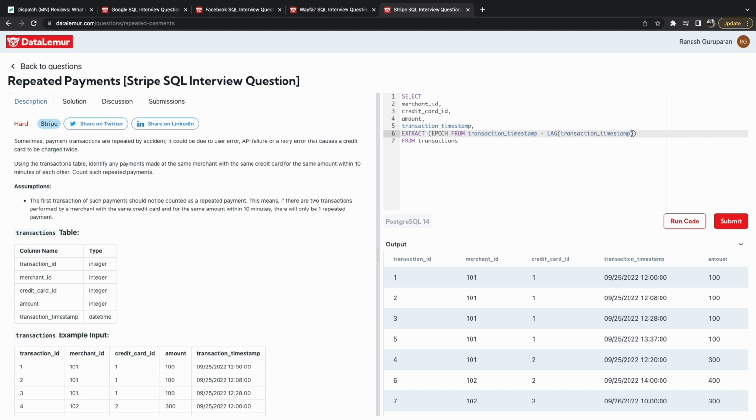Let's make this neater. Let's do over, and then we partition by merchant ID, credit card ID, and amount. We also need to order this by transaction timestamp.